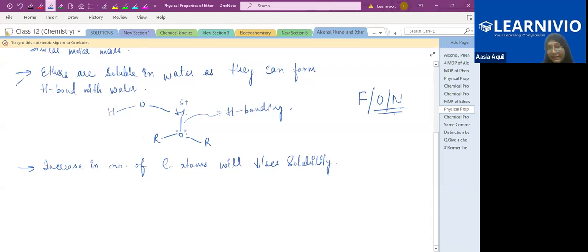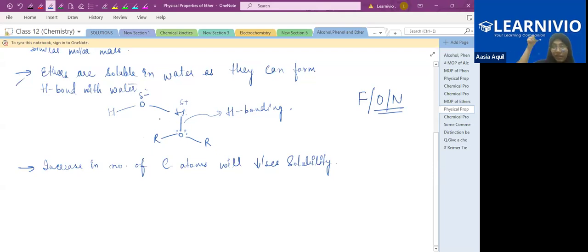Then only it will exhibit hydrogen bonding. In water, this oxygen has a partial negative charge, and this hydrogen will have the partial positive charge.